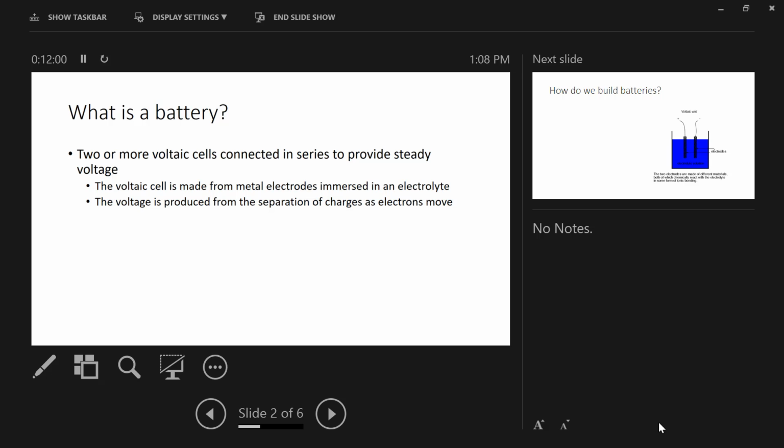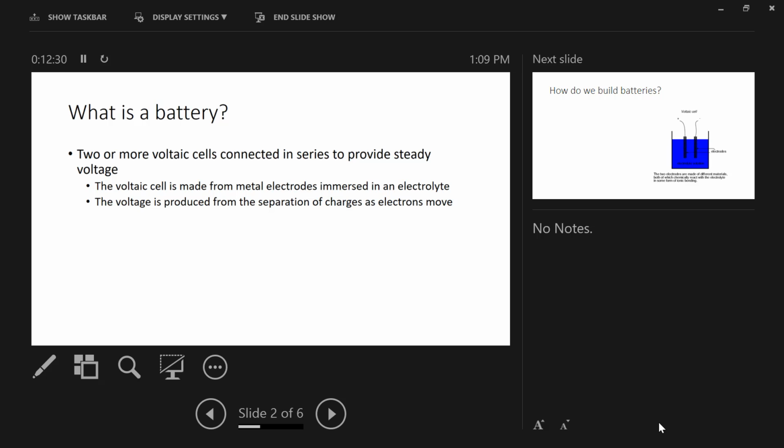And I want you to think voltaic cell and picture this: two metal electrodes suspended in an electrolyte. That's the image I want in your mind when you hear battery. Because this is what is inside of the batteries that you're using to power the remote for your remote control car. Okay, any questions?